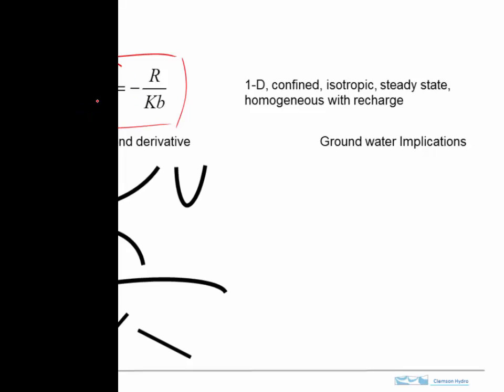Recall that the second derivative is going to be proportional to the curvature, and so these lines would have second derivatives, say this one here, and the second derivative is going to be greater for this one than for this one because the curvature is sharpest right there. So the second derivative would be highest right there, and then places like this where the curvature is pretty low, the second derivative would be much less.